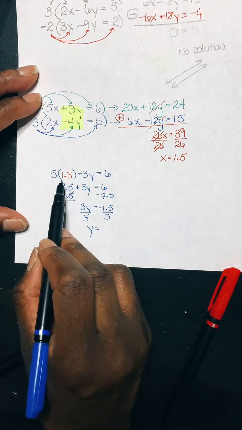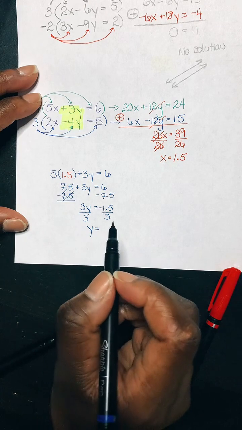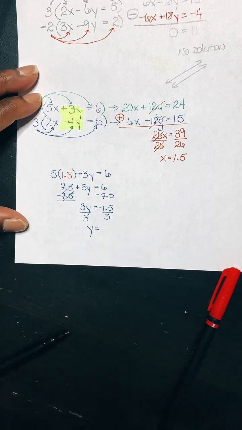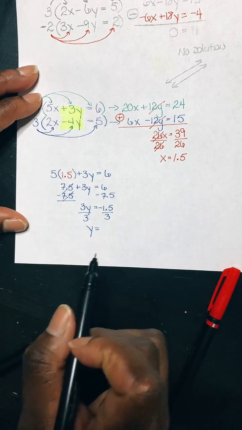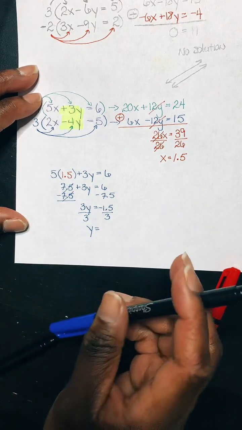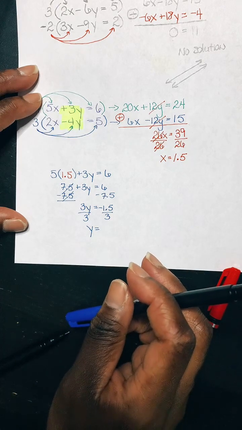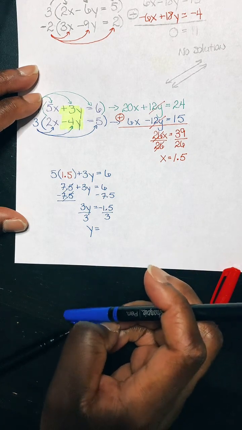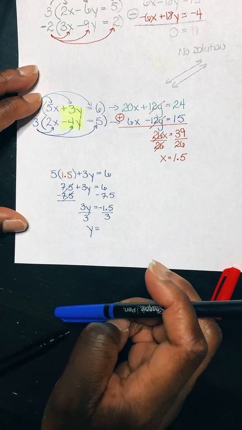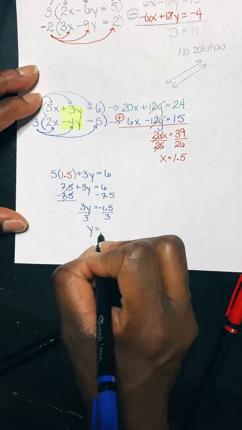Multiply 5 times 1.5. Okay. All right. So I'm seeing some 2s, I'm seeing some negative 1/2s, I'm seeing some positive 0.5s. Okay, is our answer going to be positive or negative? Let's start there. Okay, it is going to be negative. A negative divided by a positive gives me negative.